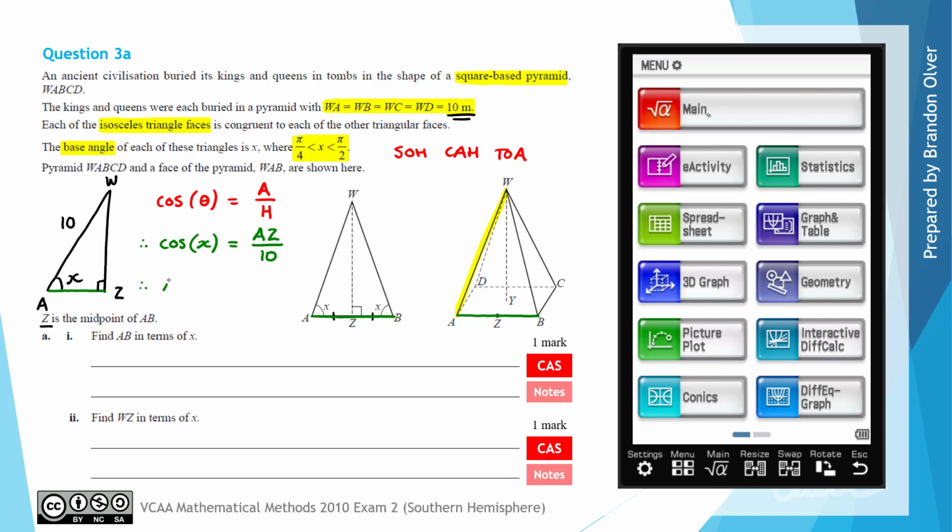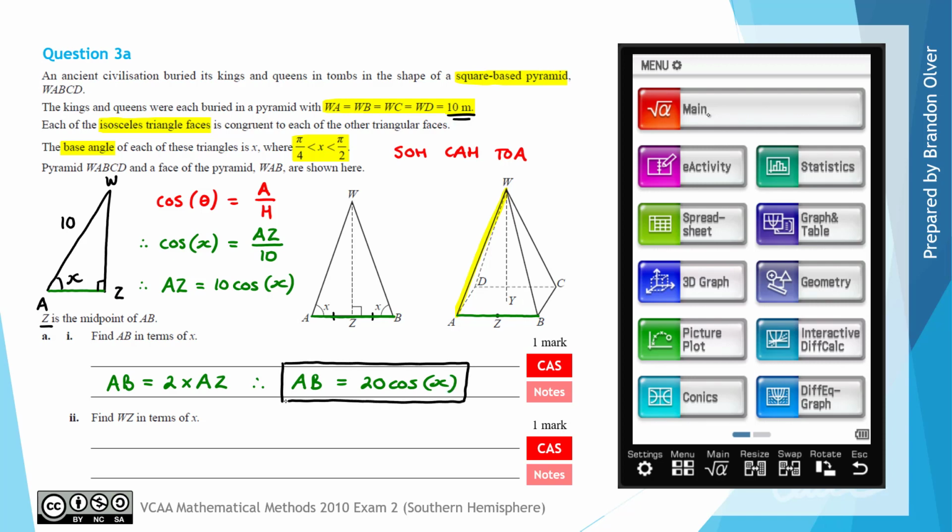So therefore, AZ, if we got that by itself, would just be 10 times cos of x. Now, we don't want AZ, we want AB. So we know that AB is equal to 2 times the length AZ. So therefore, AB is going to equal 20 cos of x. So that's the answer for part A(i) of this question.